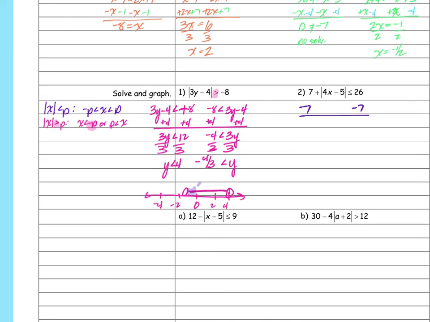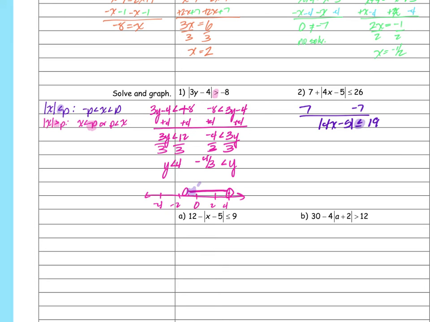So I'm going to get the absolute value of 4x minus 5 is less than or equal to 19. Okay, so now this is a less than one.